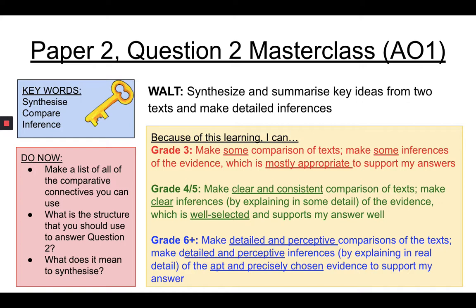So explain in real detail, giving more than one layer of inference perhaps, and use really apt and precisely chosen evidence. You start to integrate single word evidence from the text into your analysis as well, and it's seamless, the text and your response. Okay, so let's get started.